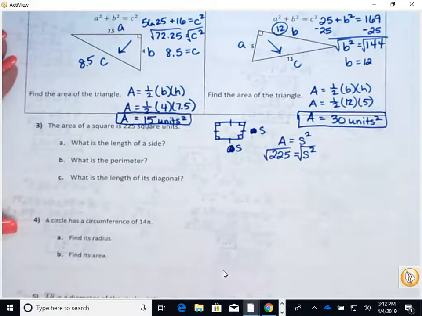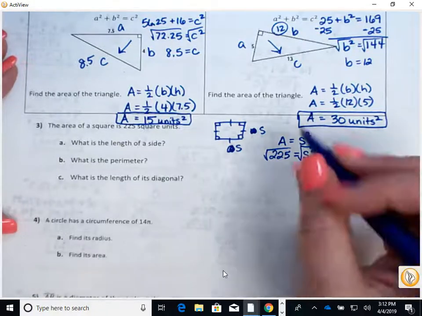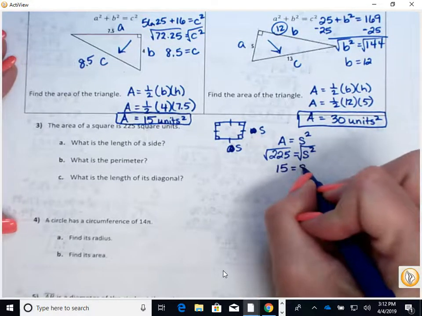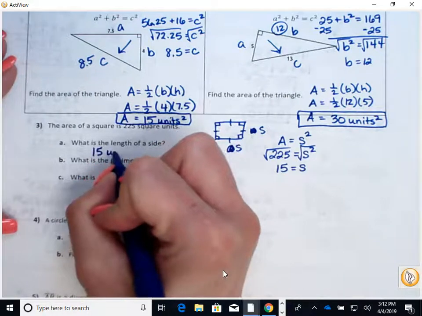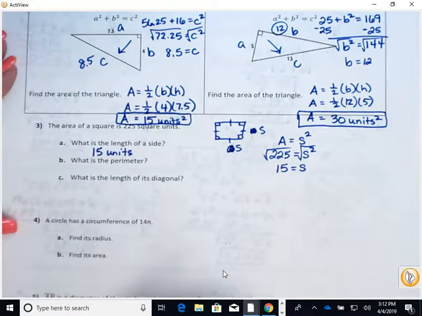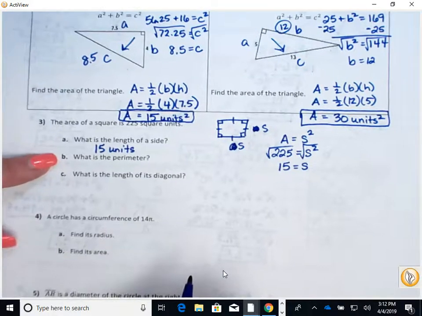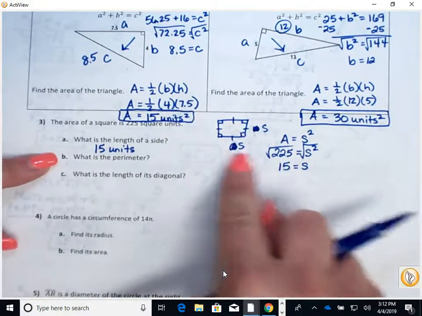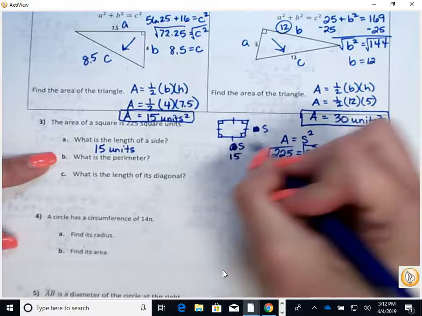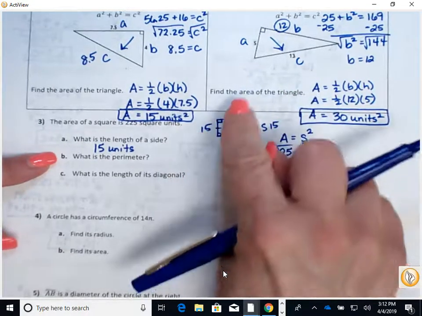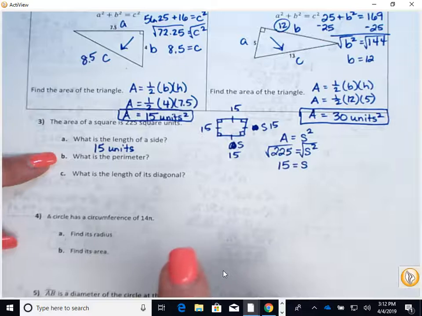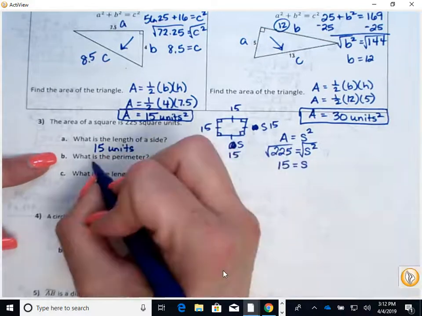So the square root of 225 is 15, so the side lengths are 15 units, which was the answer to question A. Part B asks, well, what's the perimeter? Remember, perimeter is just adding up all the sides. So if each side is 15, 15 plus 15 plus 15 plus 15 gives me 60.